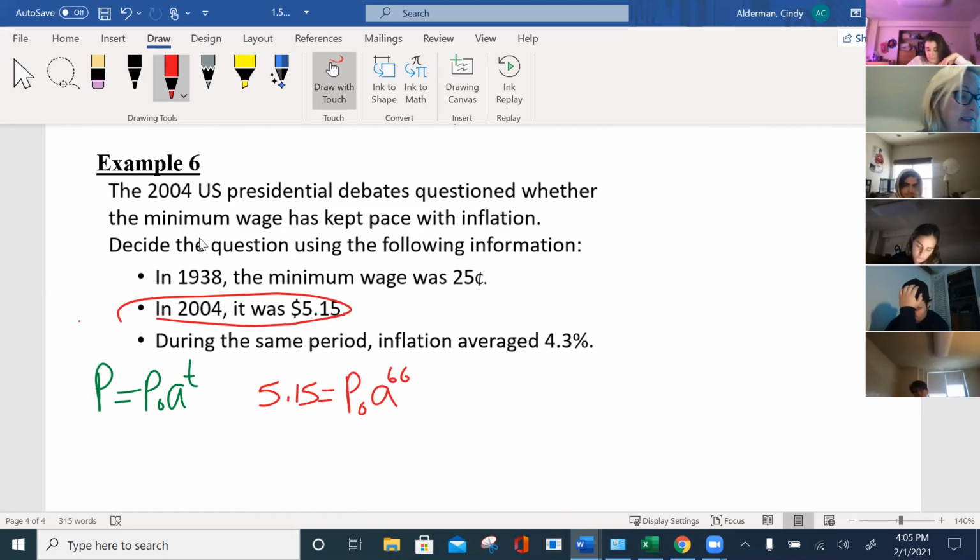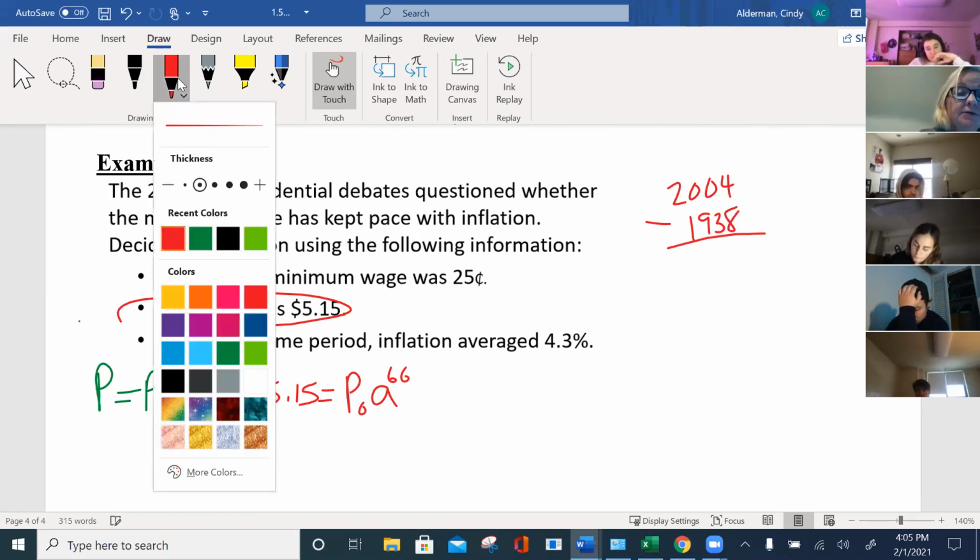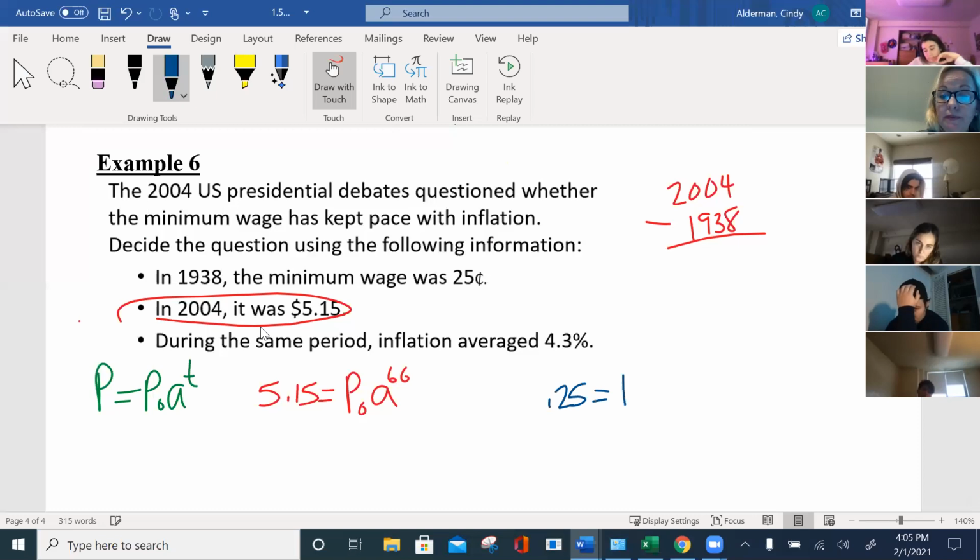And I'm getting 66 from 2004 minus 1938. And then the other equation I can write based on the other point is 0.25 is equal to P sub 0 a to the 0 power.